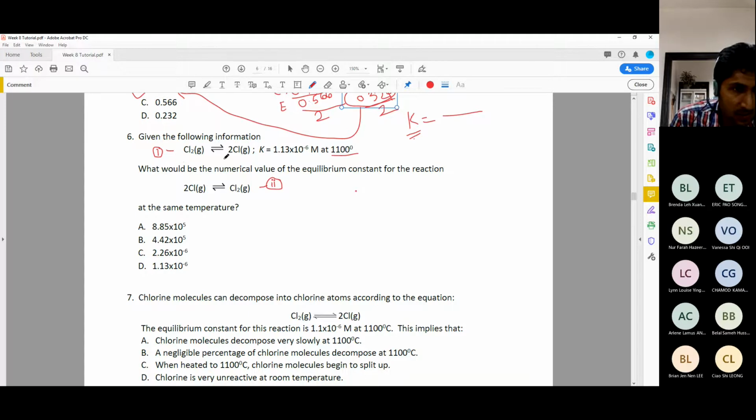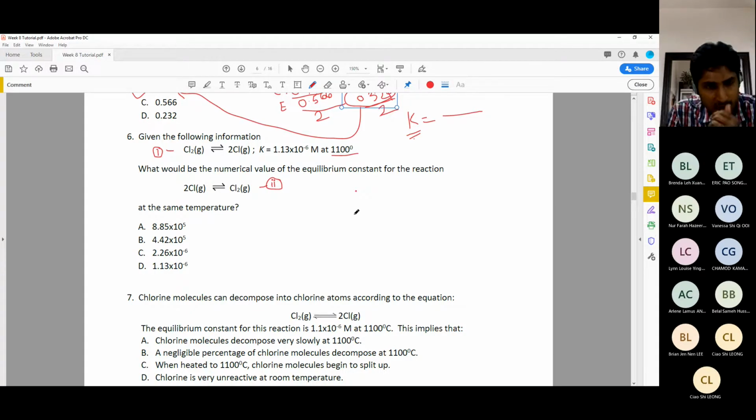So in reaction number 1, chlorine gas is dissociated and produces 2 chlorine atoms in gaseous form, and in reaction 2, the 2 chlorine gas atoms come together to produce a diatomic chlorine gas molecule. So what would be the numerical value of the equilibrium constant for the reaction?